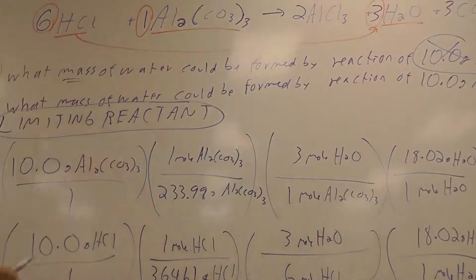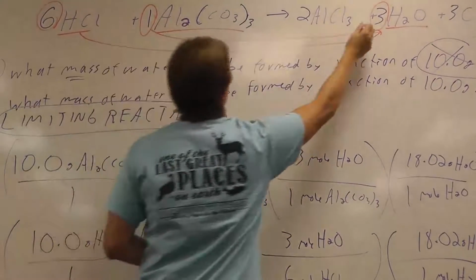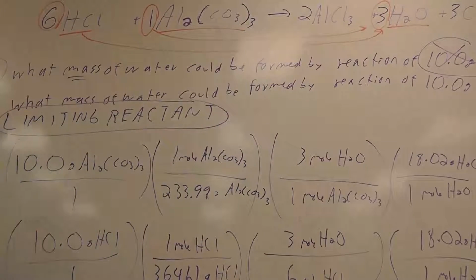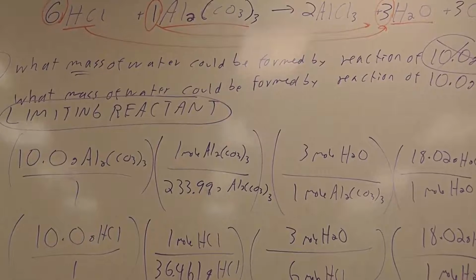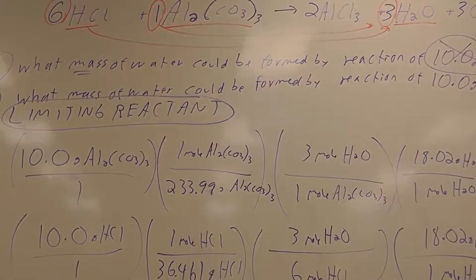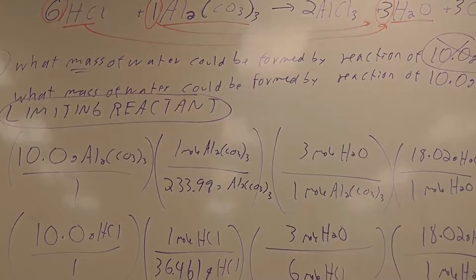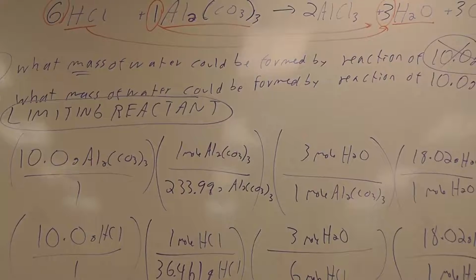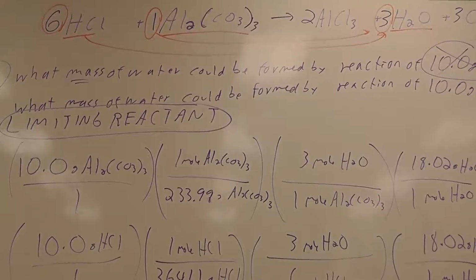And so that's a 6:3 ratio, whereas in the previous part, it was a 1:3 ratio. So it really just depends on what you have as your ratio, depends upon the two materials you're relating. It's going to be their coefficients ignoring everyone else. The top one goes from aluminum carbonate to water, and the bottom one goes from HCl to water.